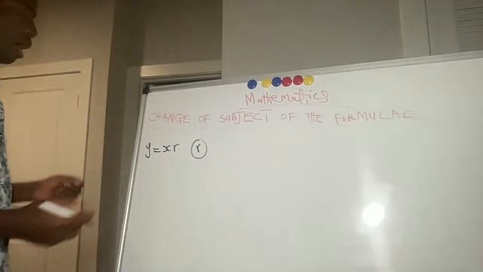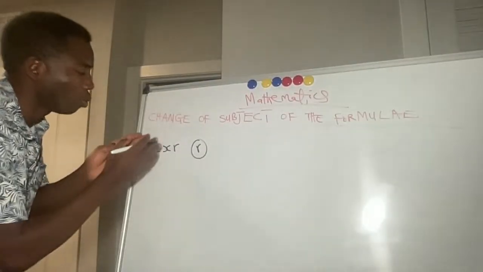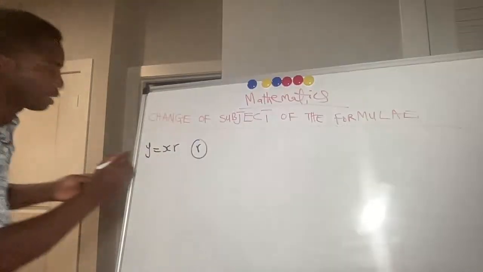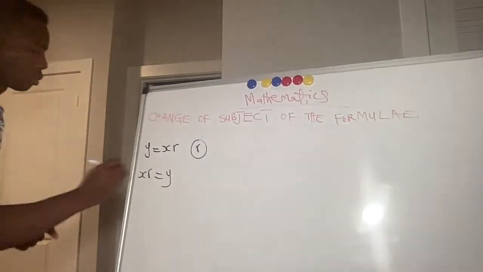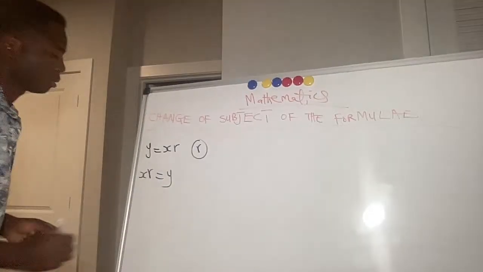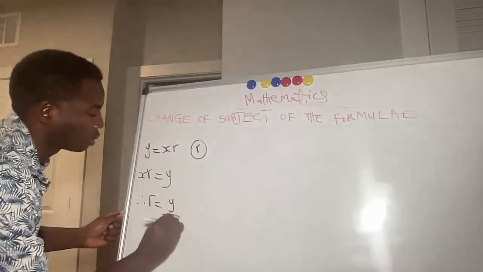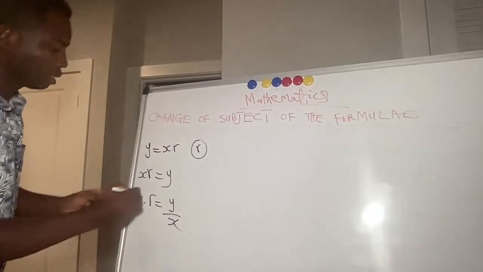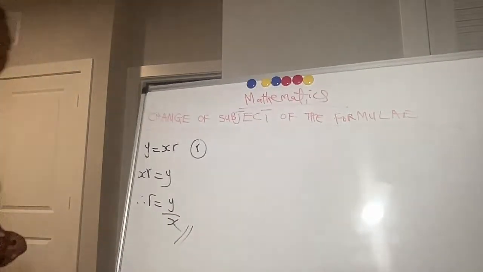So how can you make R subject to the formula? Basically, the one that has R should go to your left hand side. SR is equals to Y. Therefore, R is equals to Y over S. You can see that R is standing on its own now. You have made R subject to the formula.